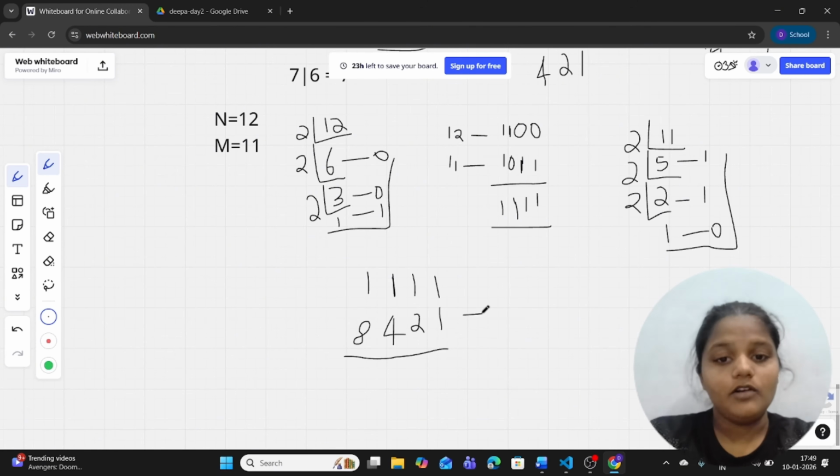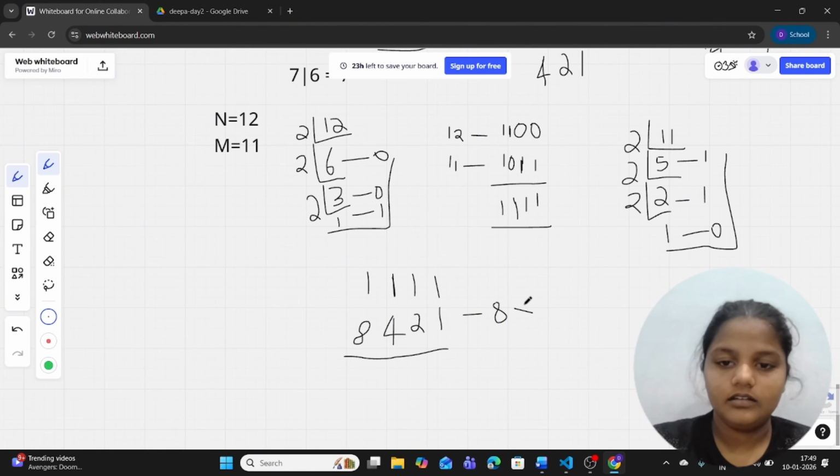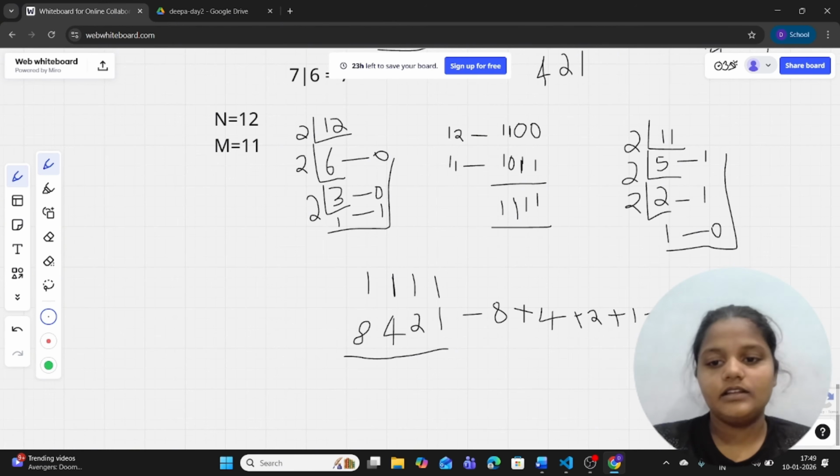Here we have all the bits as 1, so we want to add all these values: 8 plus 4 plus 2 plus 1. What will be the answer? 15, right?